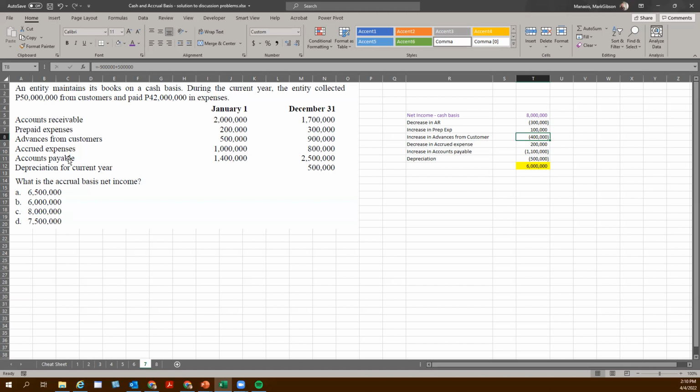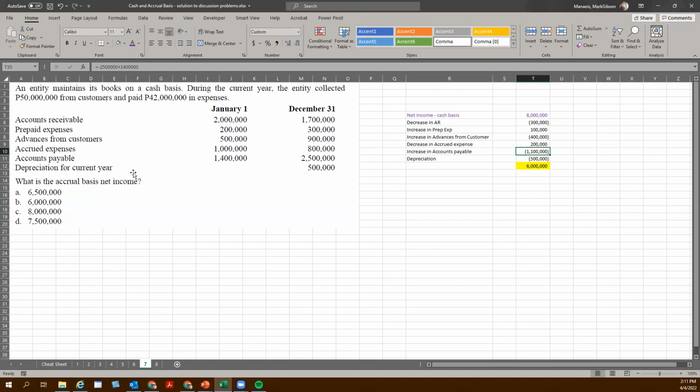Followed by the accounts payable. So accounts payable beginning natin is 1.4 million, and then we had 2,500,000 in December 31. So nag-increase yung accounts payable natin. So we have to deduct that. So 1,100,000, we have to reduce the net income under cash basis.